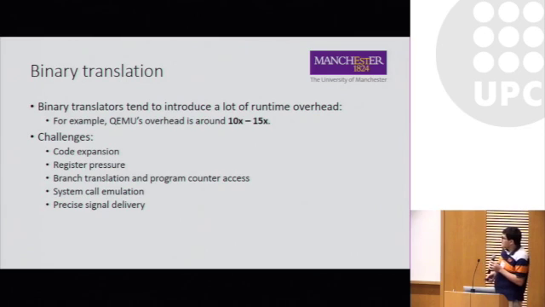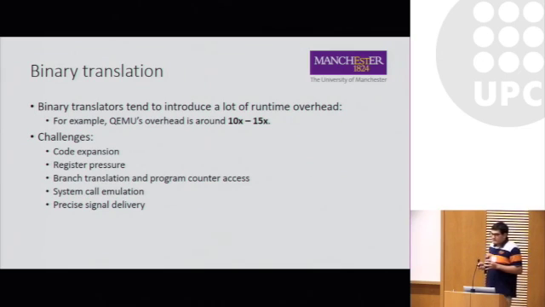So the reason for this large overhead, well, there's several reasons. One of them is code expansion. If you have an instruction in the source architecture, but don't have an equivalent instruction in the host architecture, which is the architecture that you're translating to, in that case, you're going to have to use multiple instructions to be able to precisely emulate the effects of the source instruction.